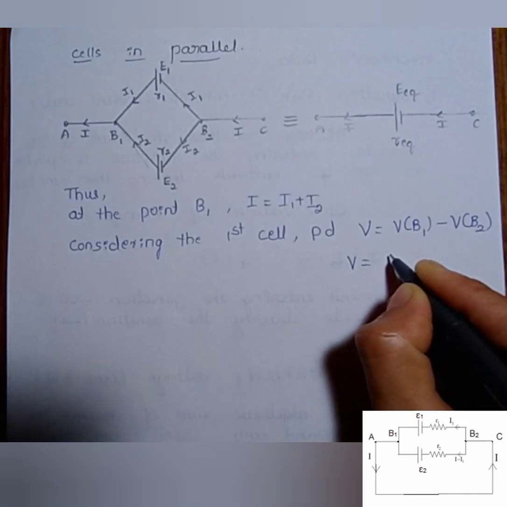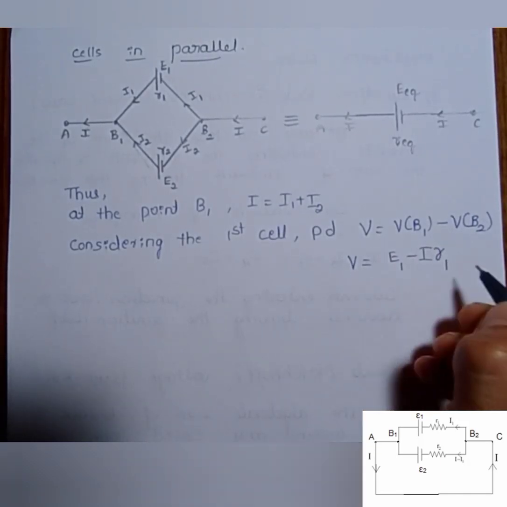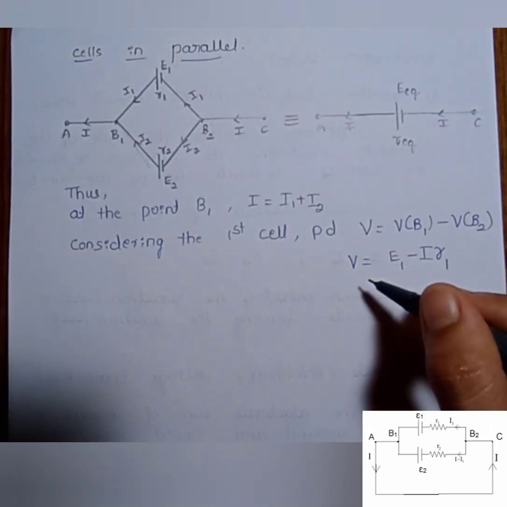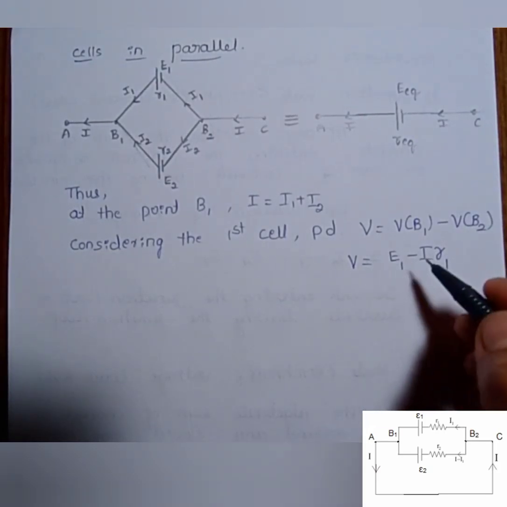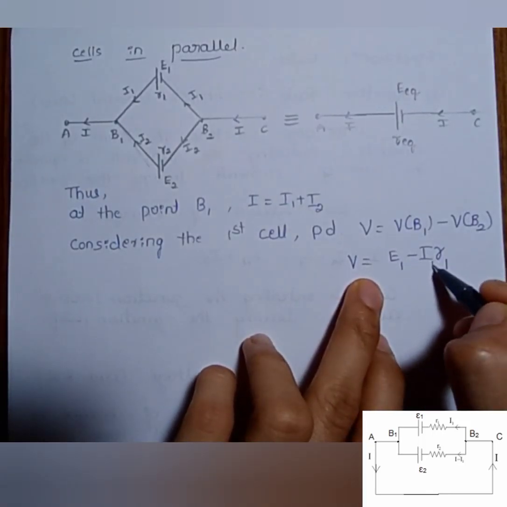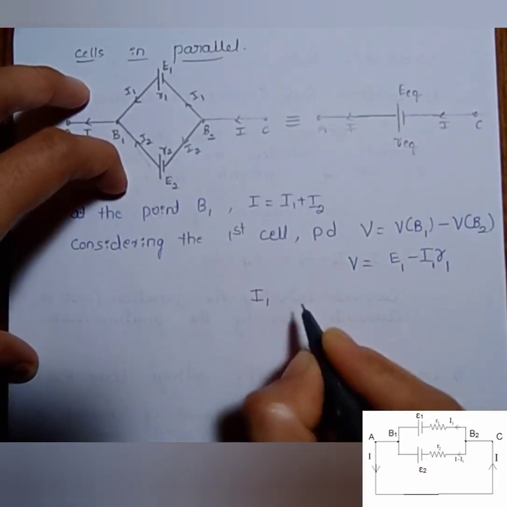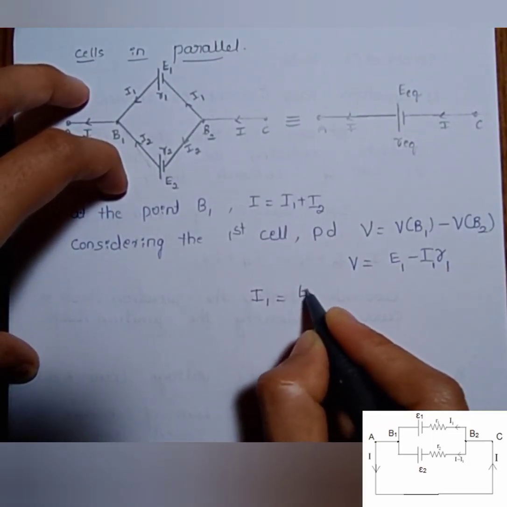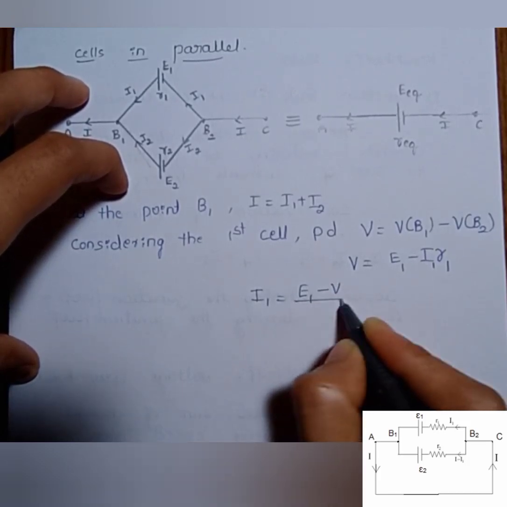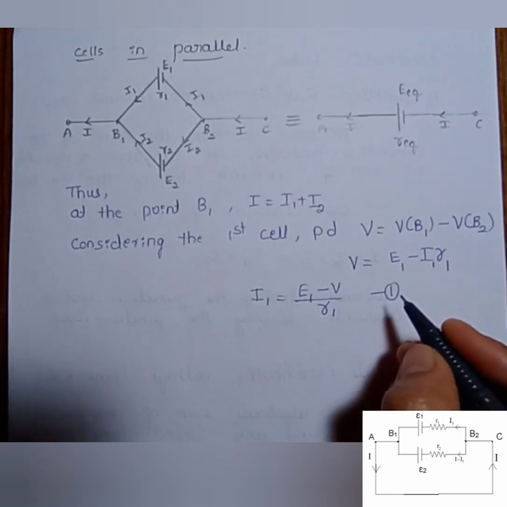V is equal to E1 minus I1 into R1. Then the value of I1 becomes E1 minus V divided by R1, taken as equation 1.